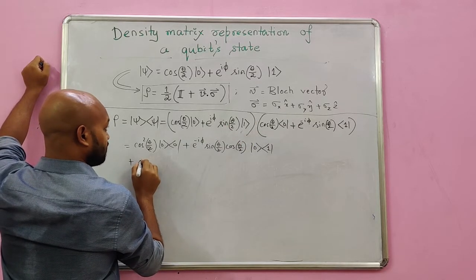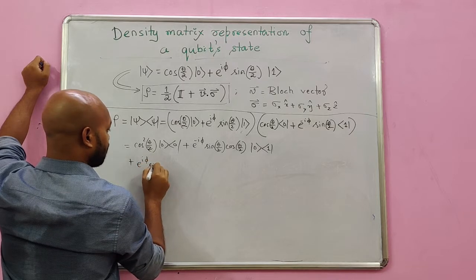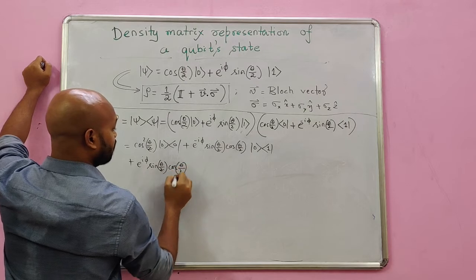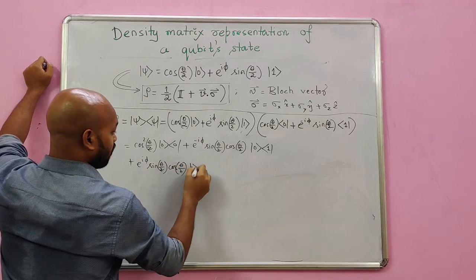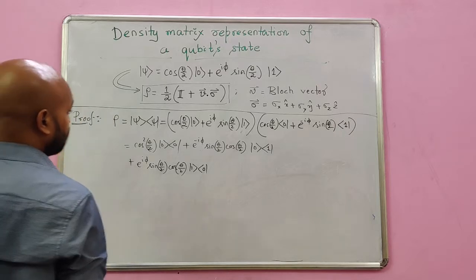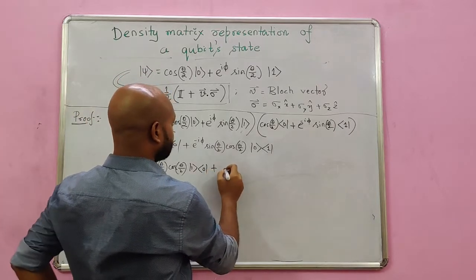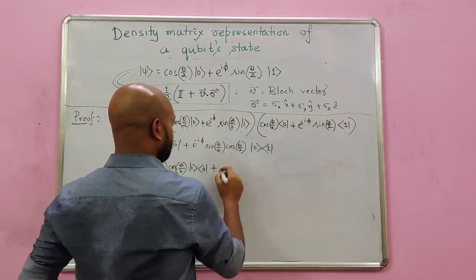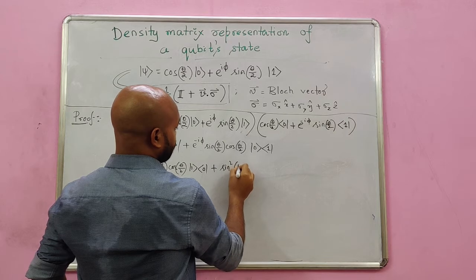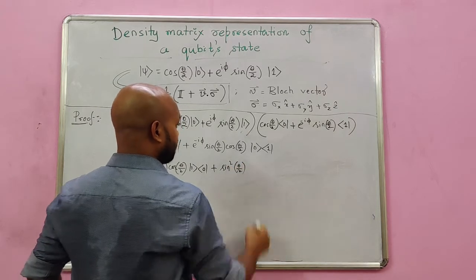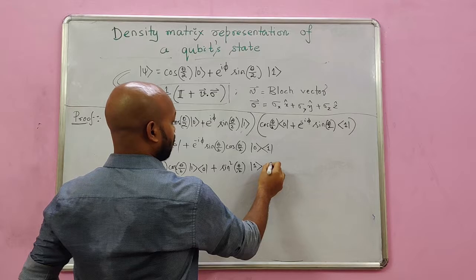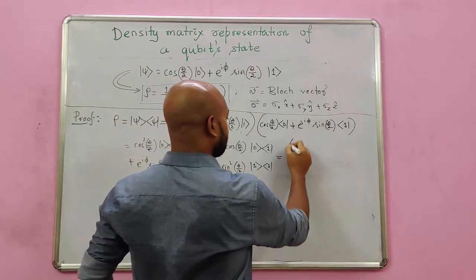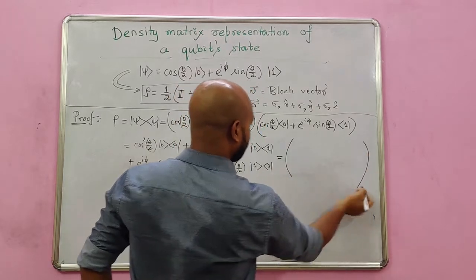So here I get e power i phi sin theta by 2 cos theta by 2 for |1><0|, plus the last term: e power i phi and e power minus i phi give a 1. So I get sin square theta by 2 for |1><1|. This then gives me the following matrix.